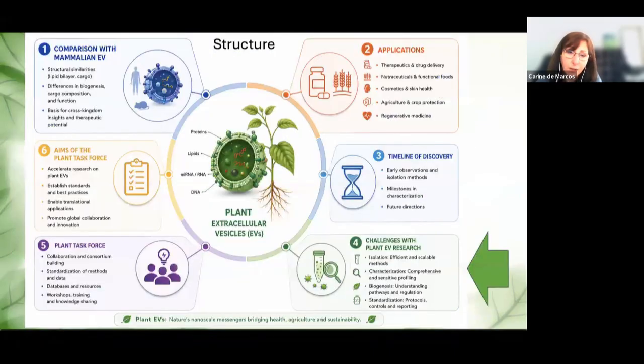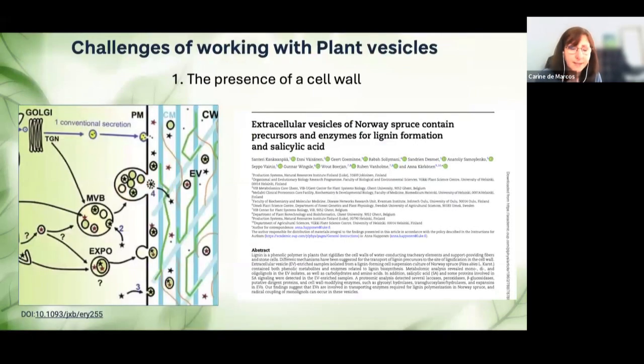And so what are the challenges that plant EV research faces specifically? And I think most of you, if you are not working in plants, the first thing I am told is that the first challenge is the cell wall. And indeed, that's one of the challenges, of course.